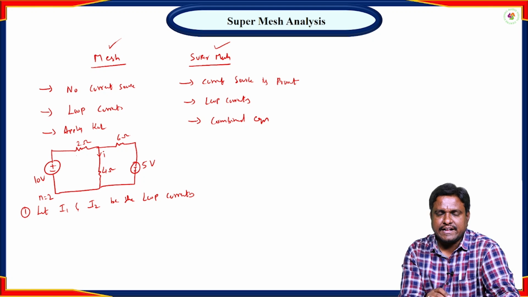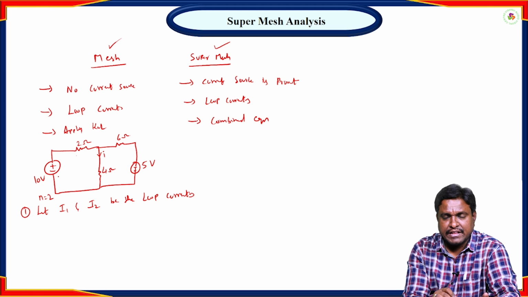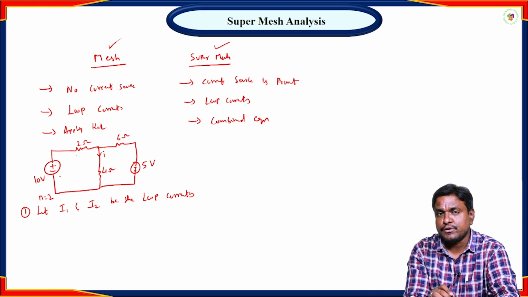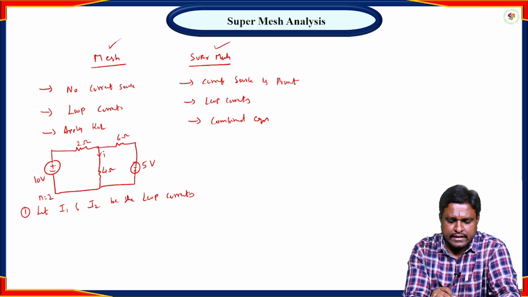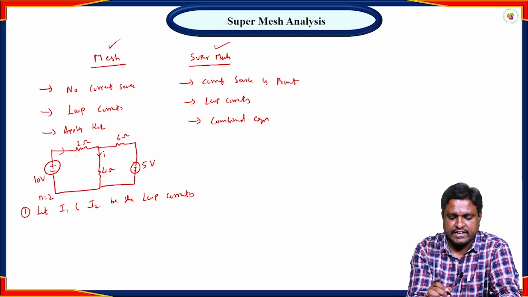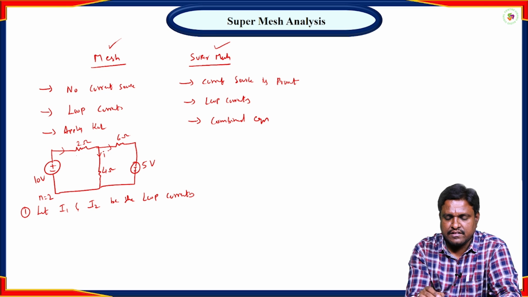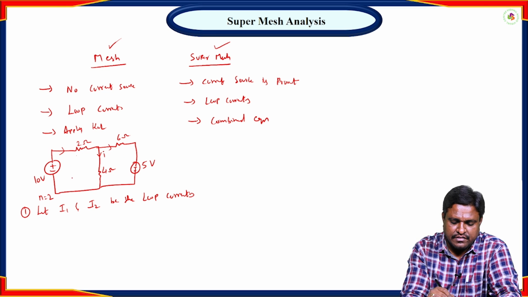So here I am going to consider the first source, which is of 10 volts, as the reference. The current flows from negative to positive in this direction. So the current is going to divide in this direction. This is in the clockwise direction. This is I1 and this is the loop current I2.